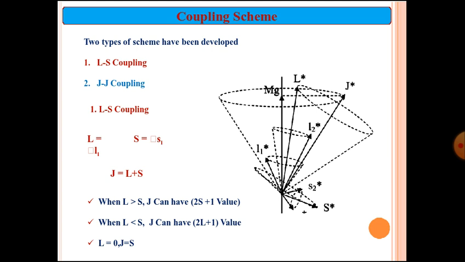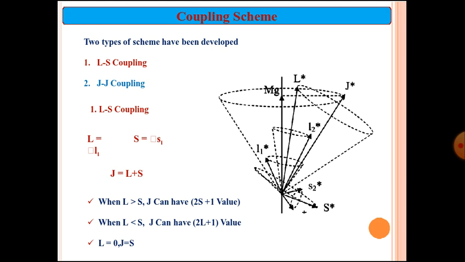That means capital L equal to summation small li, capital S equal to summation small si. Similarly, J equal to capital L plus capital S. L is always an integer including 0.